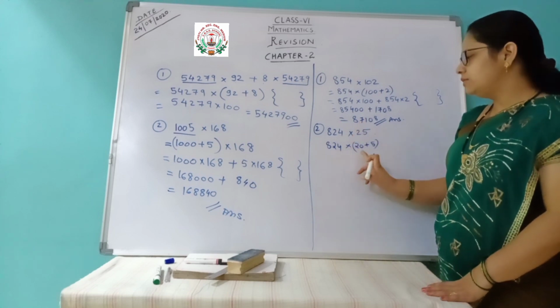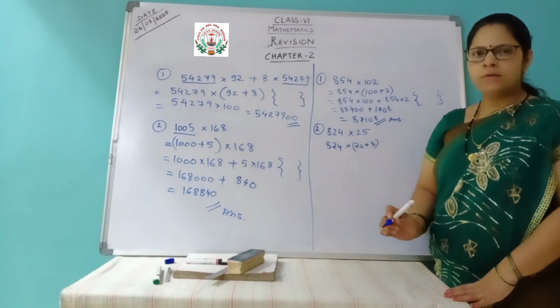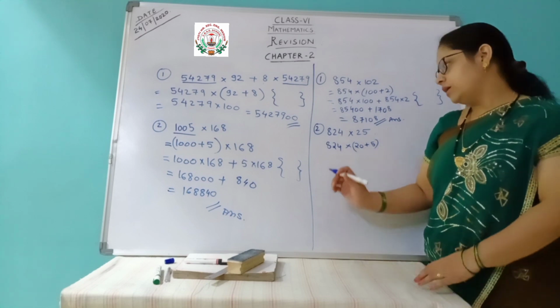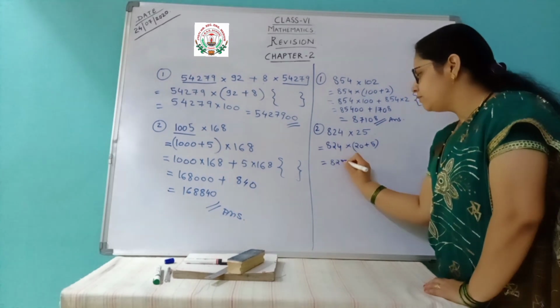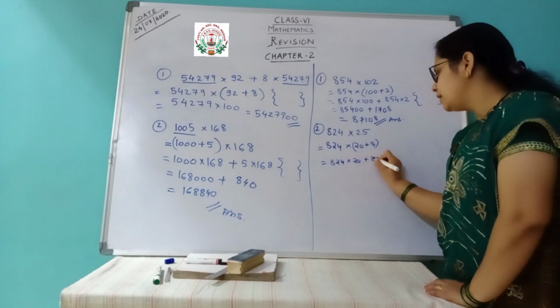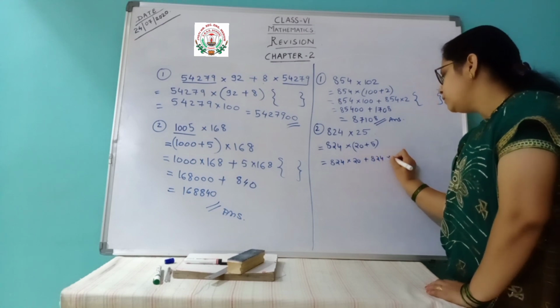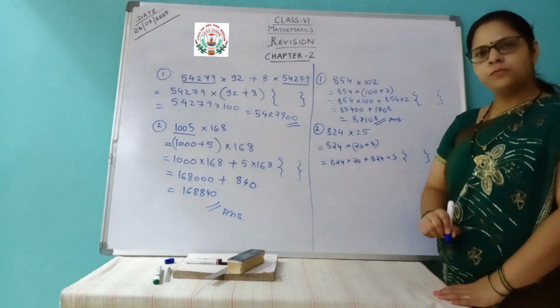So we have just done 20 plus 5. Now the table of 2 all can multiply and the table of 5 also all can multiply. So 824 into 20 plus 824 into 5. Here you will write the reason, distributive property.